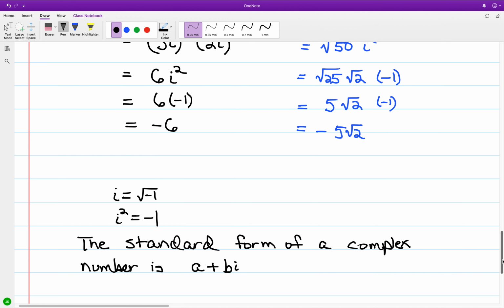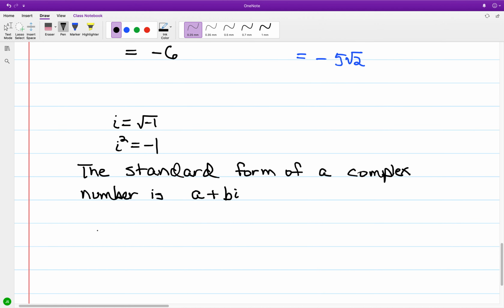And let's say that we write in standard form, or in this case, a plus bi form.